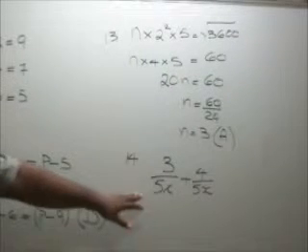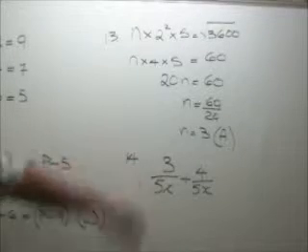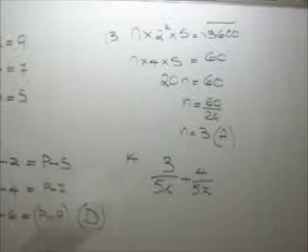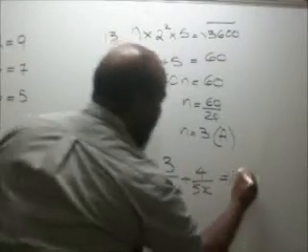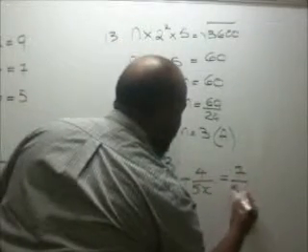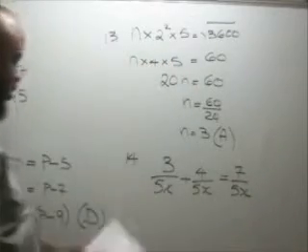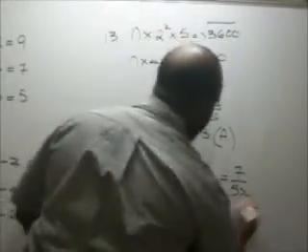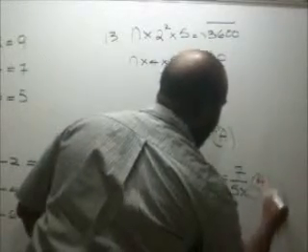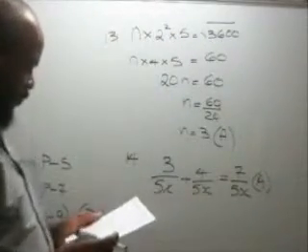If you're adding 2 fractions and the denominators are the same, all you need to do is just add the numerators. So the answer here is going to be 3 plus 4, which is 7, so 7 over 5x. And 7 over 5x is A. So the answer here is A.